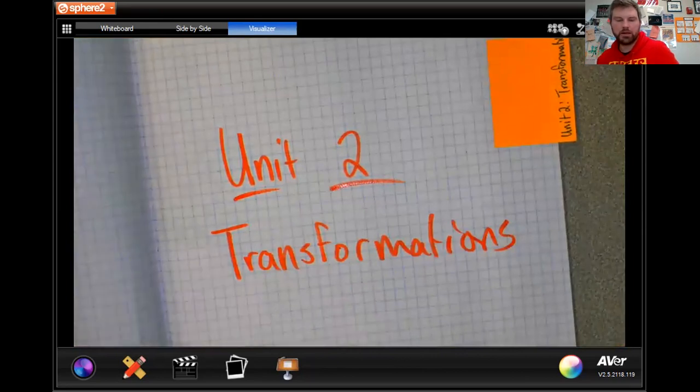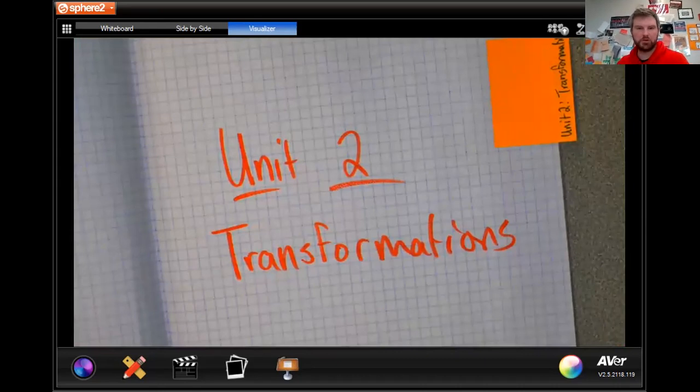Okay, and a transformation, just to give you a little bit of background for this unit. A transformation is just the movement of an object through space or on a plane. There are four types of transformations. We're only going to talk about 3 right now, the rigid transformations.